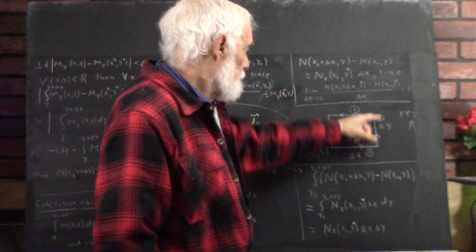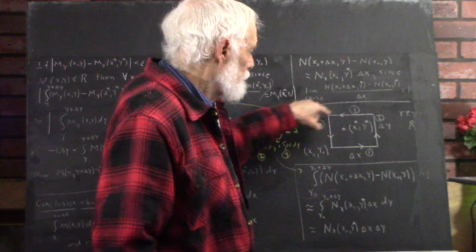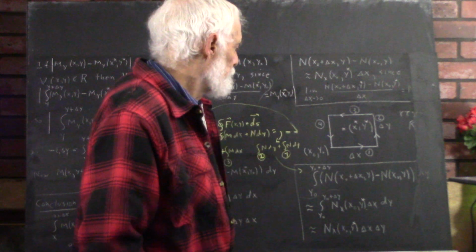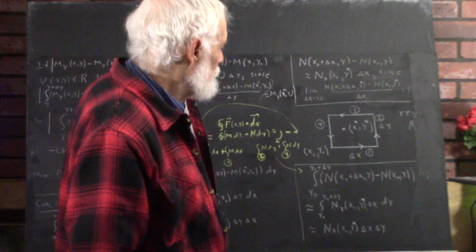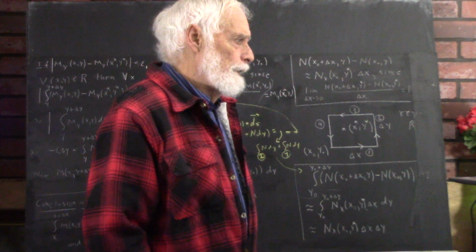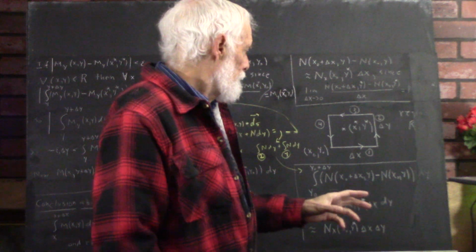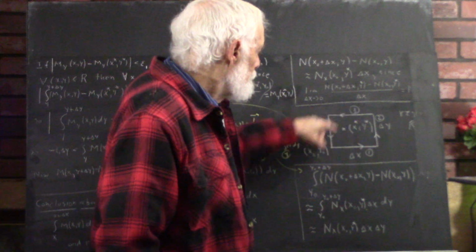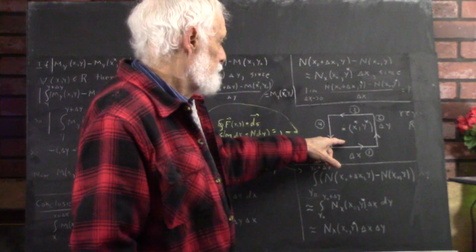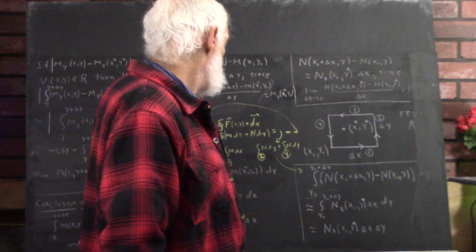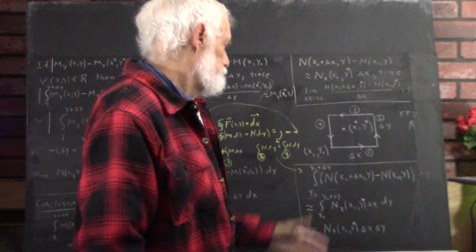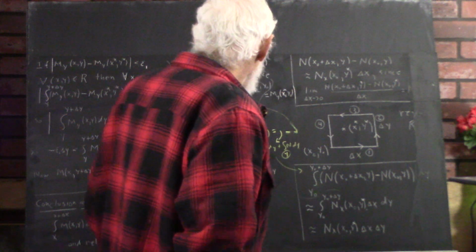We have a delta x by a delta y, and we integrate this function around this rectangle. And we're going to relate that to an integral of the same function over the surface. Okay? And we'll work out the details.